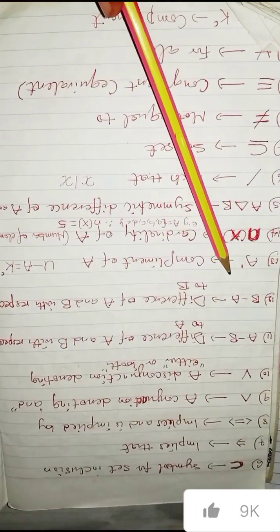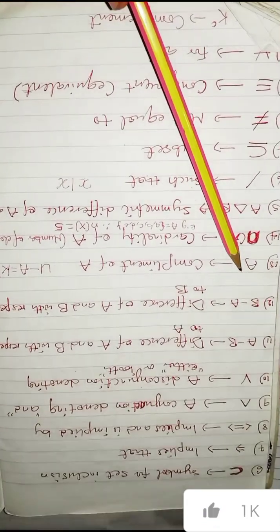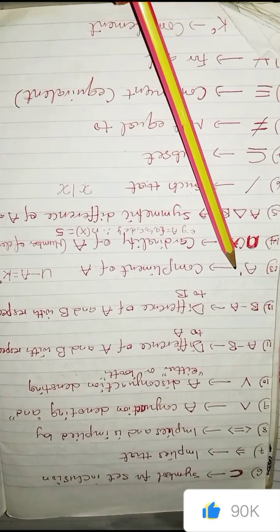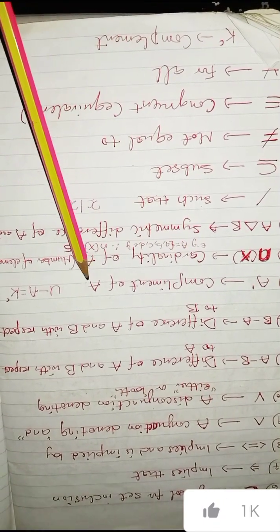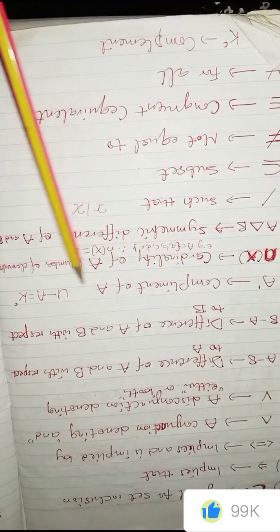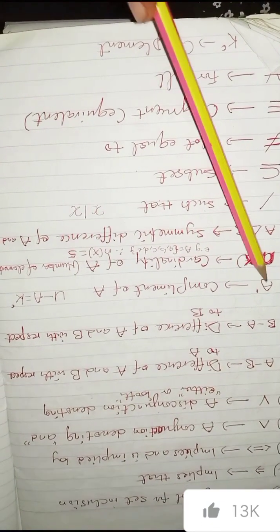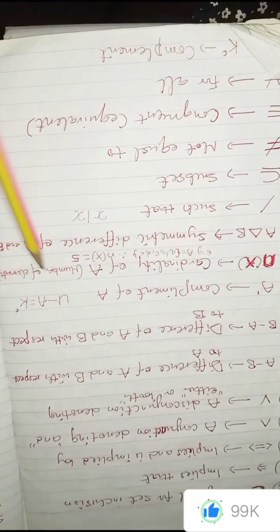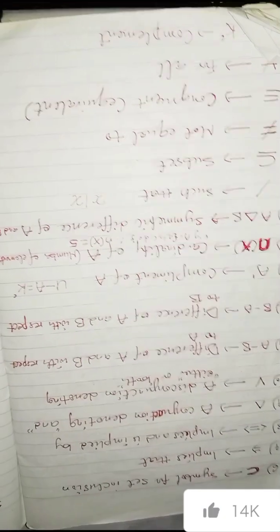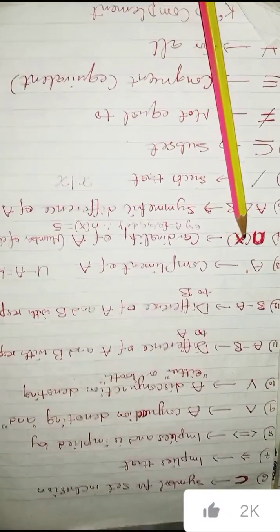Then A complement, this little dotted value here, is known as complement. A complement simply means your universal set minus the elements of A will give you the complement of A.